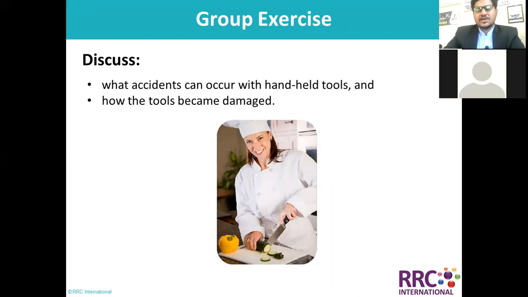We're talking about types of accidents only relevant to handheld tools. How the tools become damaged is a separate story we'll share later. But right now, the major concern is to understand what type of accidents can occur because of handheld tools.